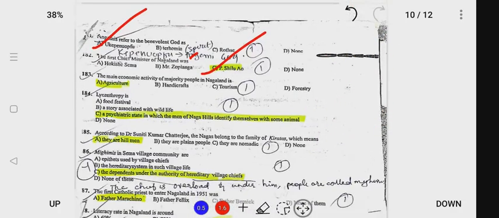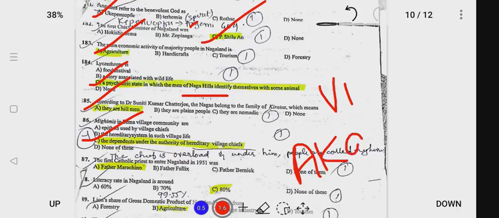Next, the main economy of Nagaland is agriculture. Lycanthropy is a psychiatric state in which men identify themselves with some animal. Next, according to Dr. Suniti Kumar Chatterjee, the Nagas belong to the family of Kiratas, which means hillmen.